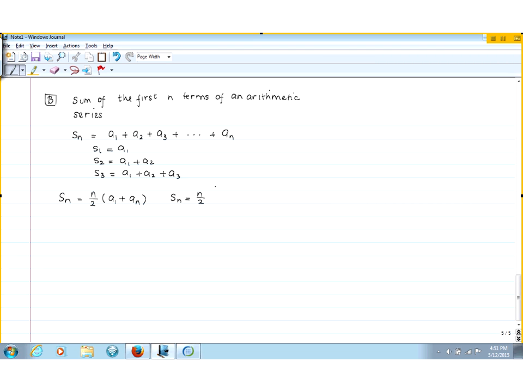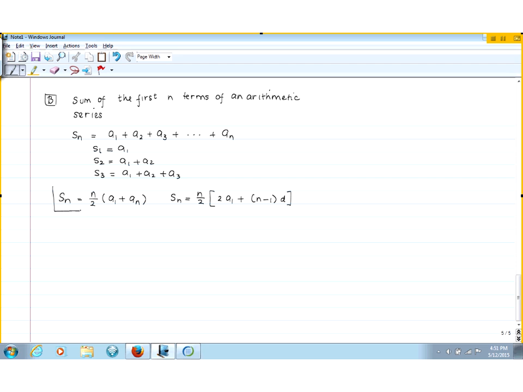And the other formula is Sn is n over 2 times 2A1 plus n minus 1 times d.